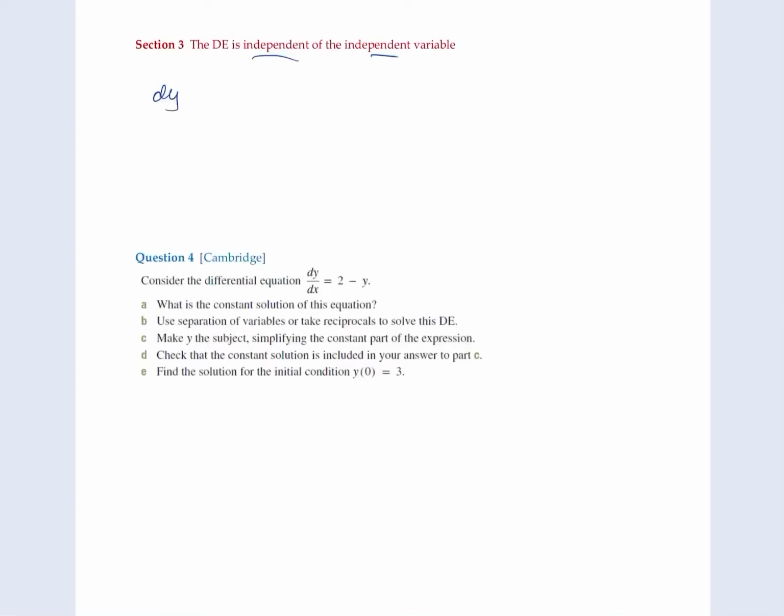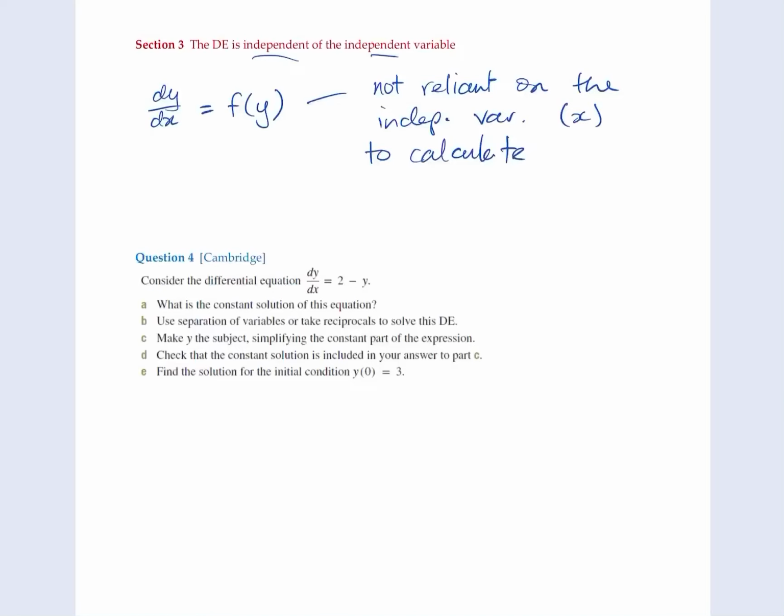If we have dy/dx is some function of y and not x, it means we are not reliant on the independent variable, which is x, to calculate the rate of change. Basically, we're saying that the rate of change is dependent only on the value.